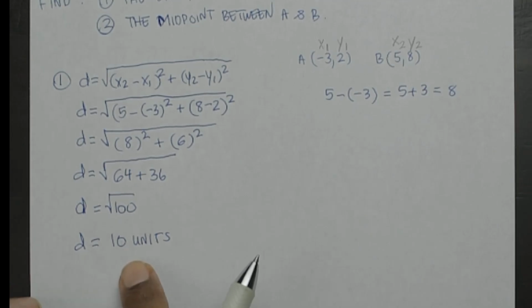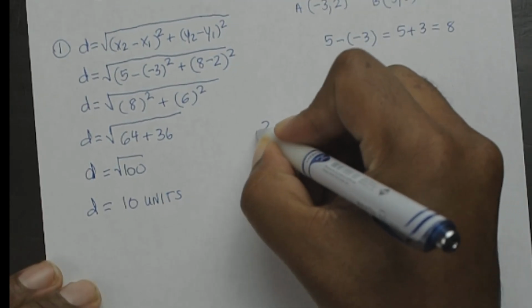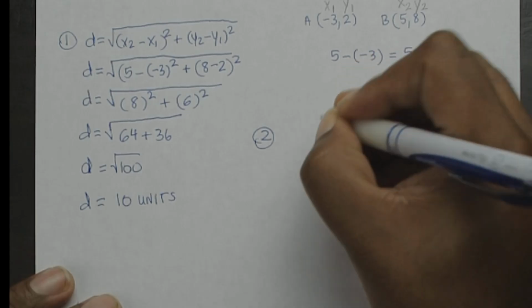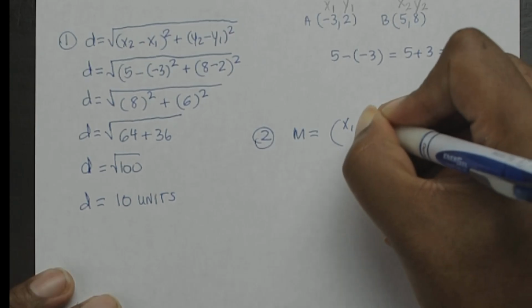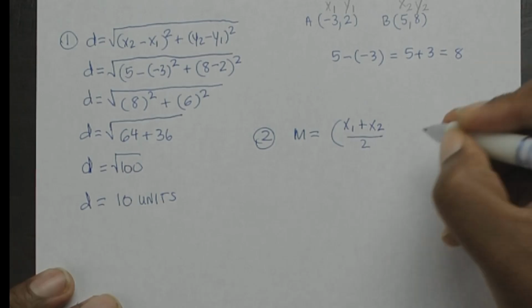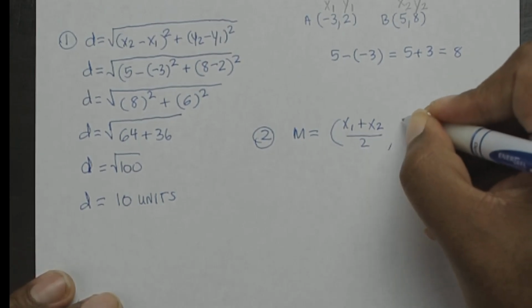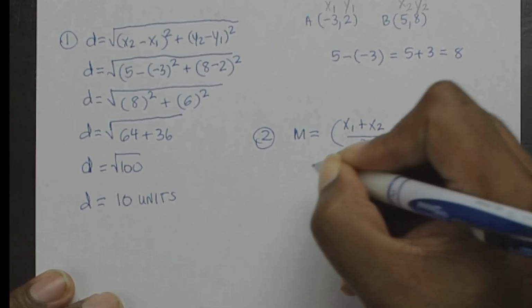Now let's find the midpoint. So recall the midpoint formula. So the midpoint formula is m equals x sub 1 plus x sub 2 divided by 2, and it's the average formula, also y sub 1 plus y sub 2 divided by 2.